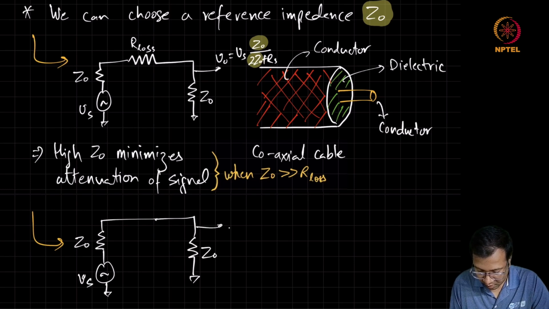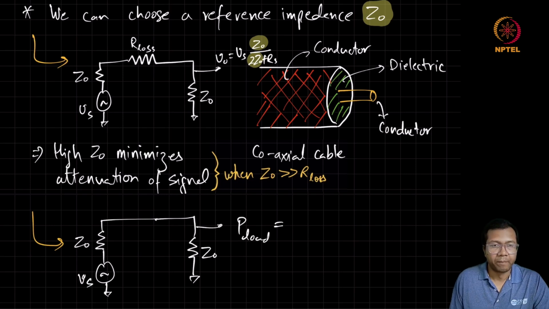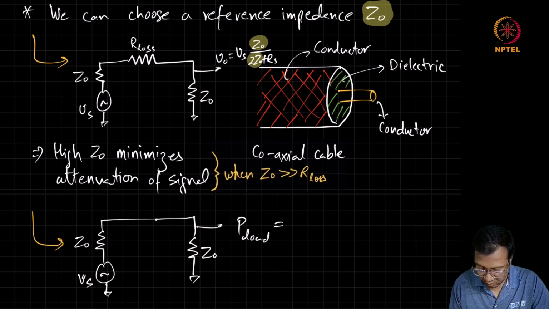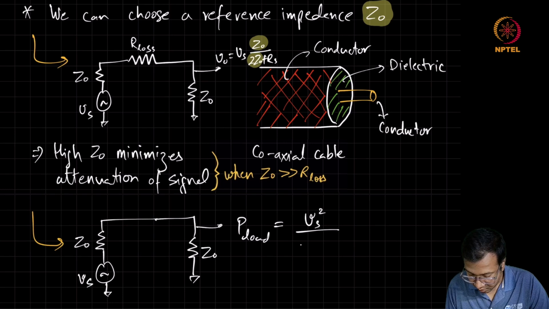And the power received by the load is going to be equal to Vs square divided by 4 Z0.